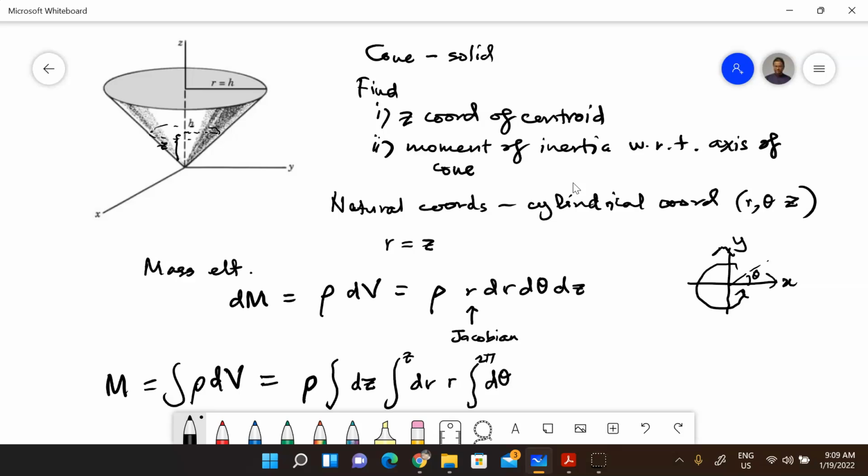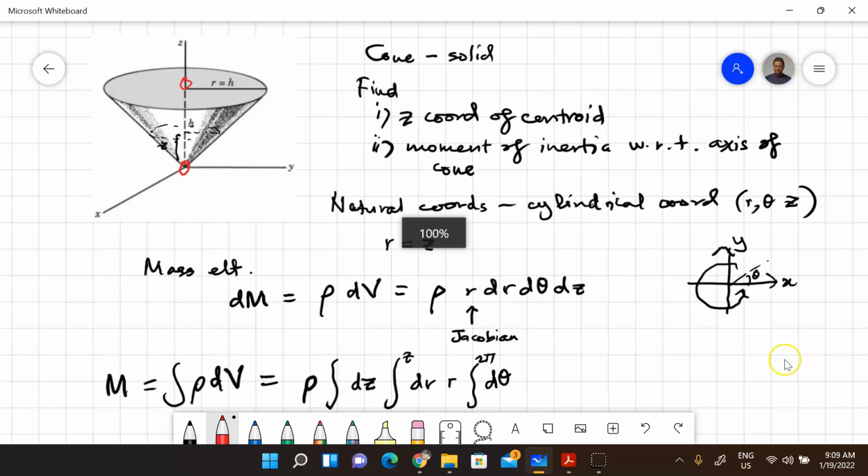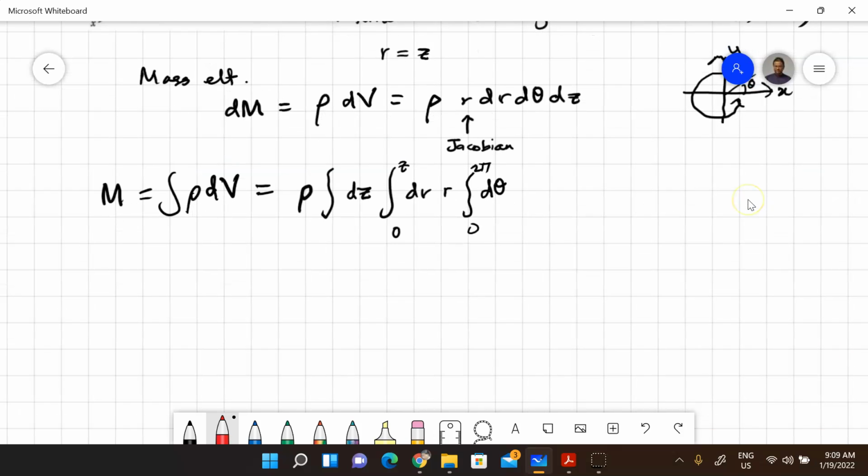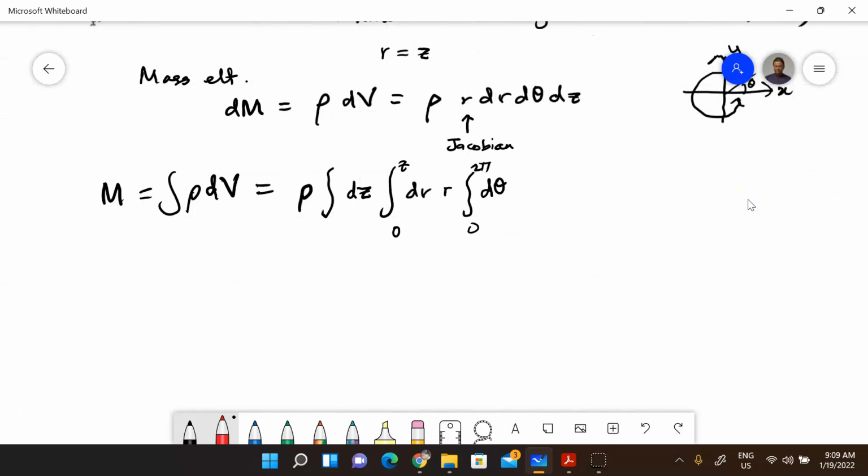And then your dz, of course, is going to go from the bottom part here until this part, where it is the flat part of the cone. So this is h.